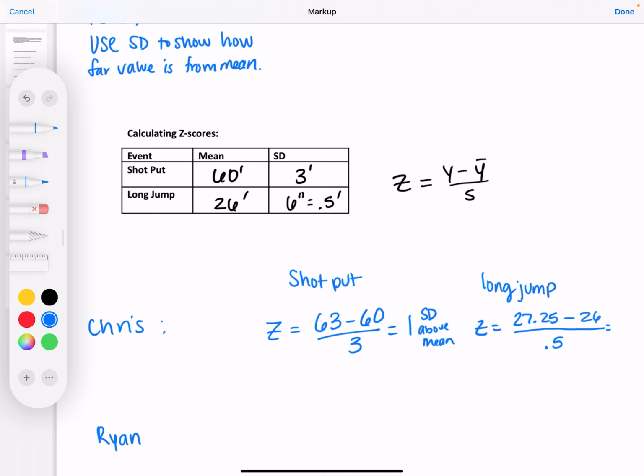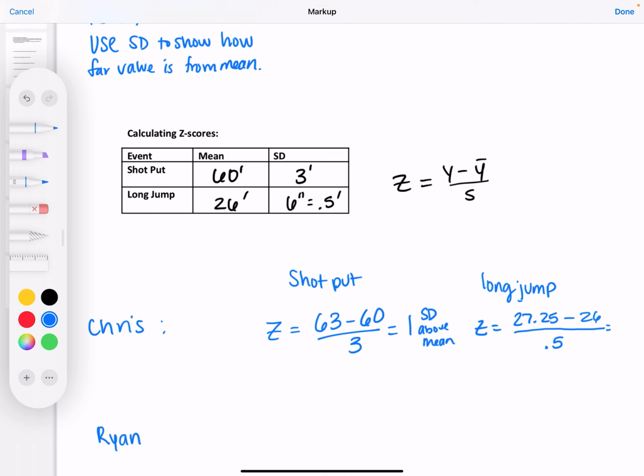Oh, okay. I thought you said it and I just missed it, so I need you to say that again. Please. It should be 1.25 over 0.5. Oh, yeah, that makes sense. I was subtracting backwards. I got negative 24.75.